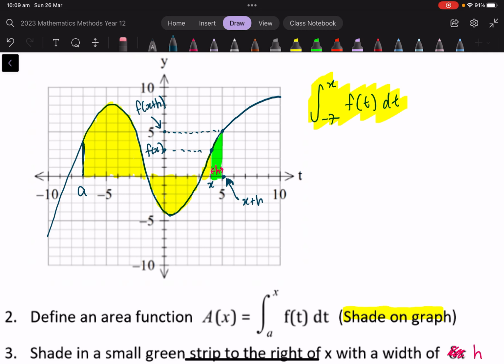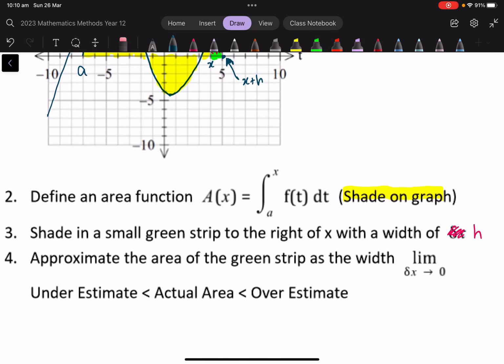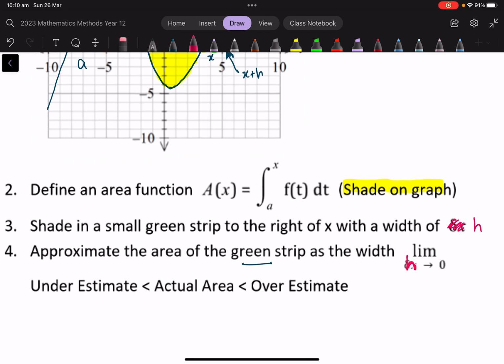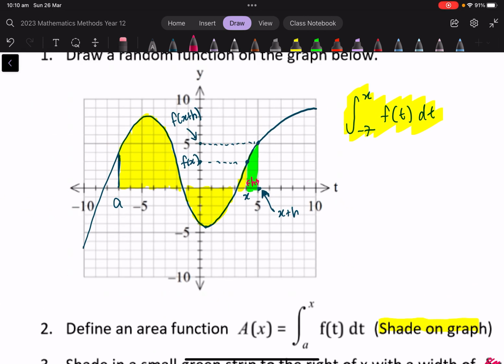What we're interested in is approximating the area of the green strip as the width, which was delta x and we've changed to h, gets closer and closer to 0. In other words, as h gets really, really thin, what's happening to the area of the green strip.